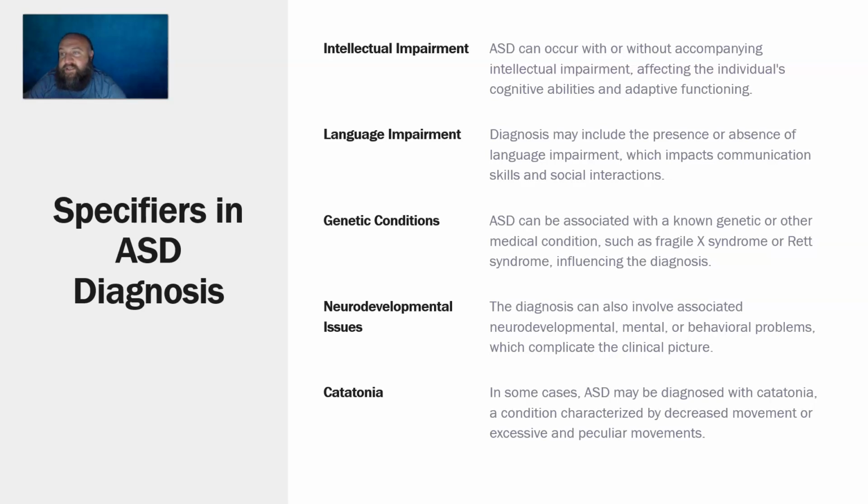Catatonia is typically one of the features of schizophrenia. Not everybody with schizophrenia will have it, but there is a certain segment that do. Oftentimes with catatonia, what it means with decreased movement is that some people will literally hold almost like a statue pose for prolonged periods of time.